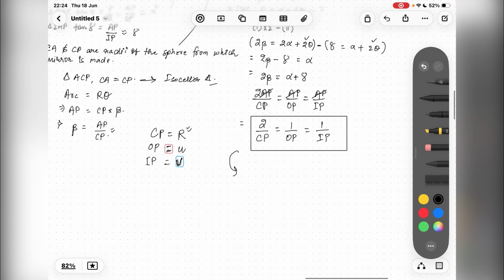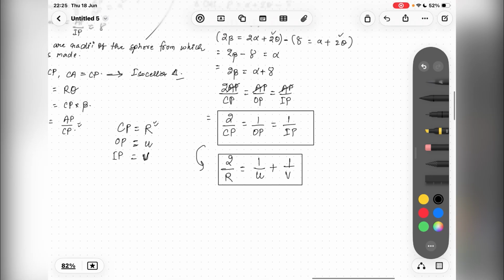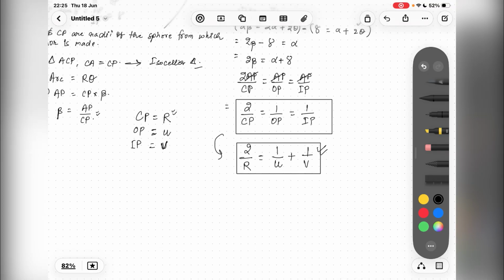We put that here, 2 by R equals 1 by U plus 1 by V, and this is where we get our relation between U, V and R from. So this was the relation between U, V and R.